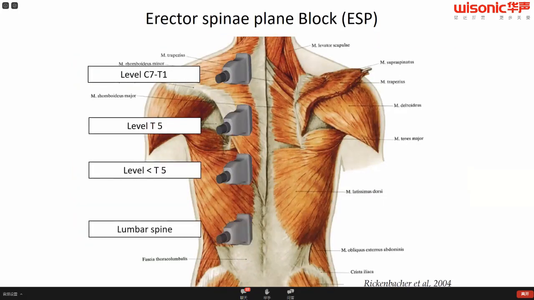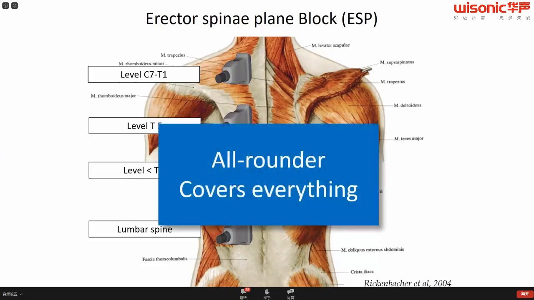We know now that we can do an erector spinae plane block not only in the thoracic area at the level of T5. The ESP block can be done higher at the level of C7, T1, and lower, and in the lumbar spine area. So this block seems to cover everything.